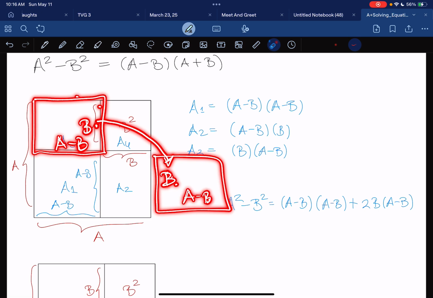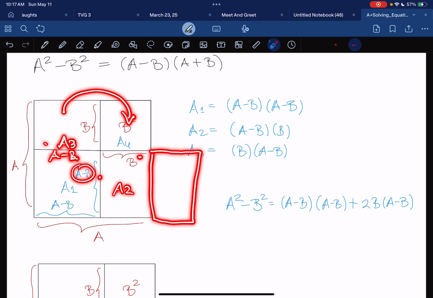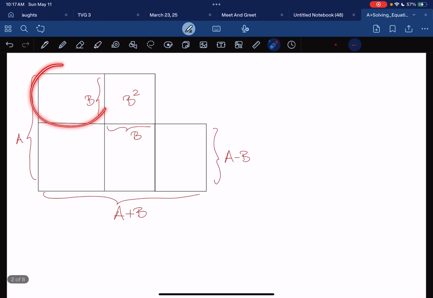We want its height to be the same as the height of A2, which is a minus b. So we invert it so that its height is a minus b and its base is b. That's what I've done down below: I've taken this, flipped it around, and stuck it together.